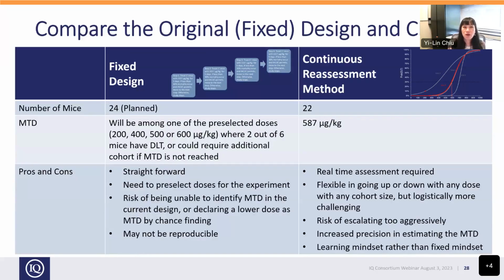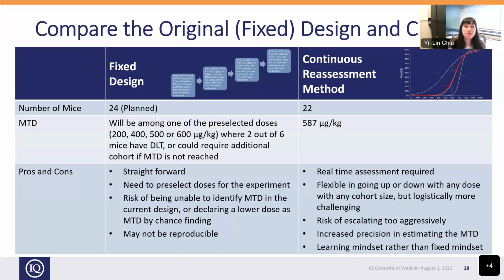Someone can argue that maybe the first step, the 10 mice, may not be the most optimal way of assigning that many mice in that cohort. But they are not entirely wasted because every single data point has been taken into account in the modeling. That's the beauty of the continuous reassessment method.